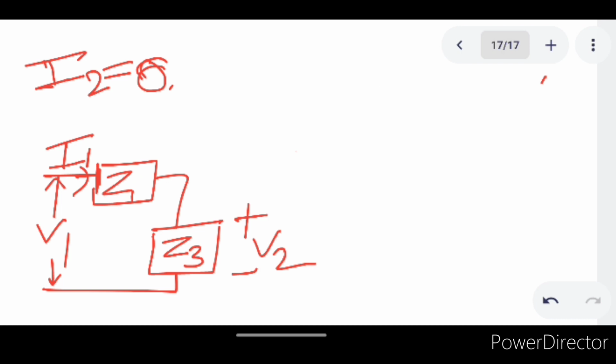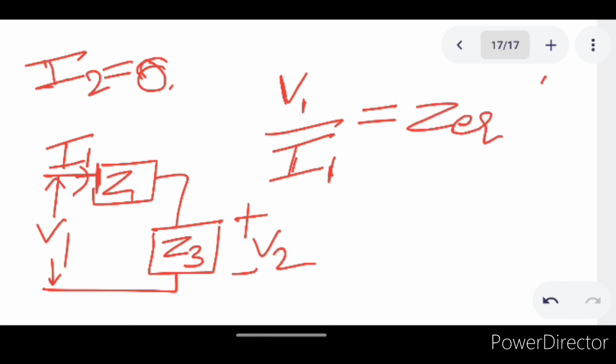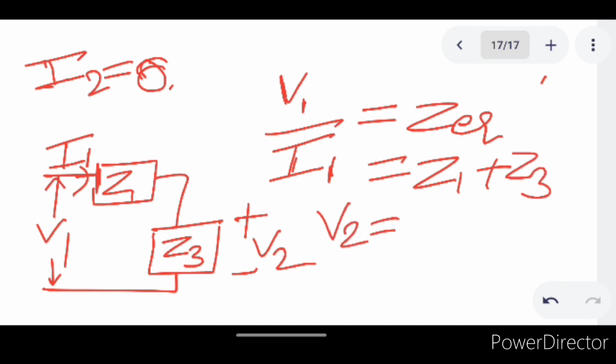Now what is V1 by I1? We can consider it as Z equivalent, which is nothing but Z1 plus Z3, and V2 is equal to I1 into Z3, because here also the current flowing is I1.